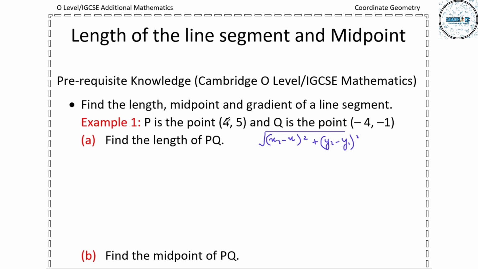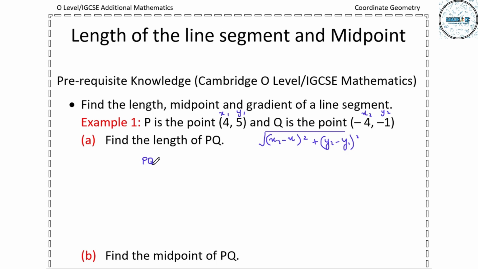The coordinates are (4, 5) and (-4, -1). We can consider this as (x1, y1) and this one as (x2, y2). We will substitute these values in the formula.